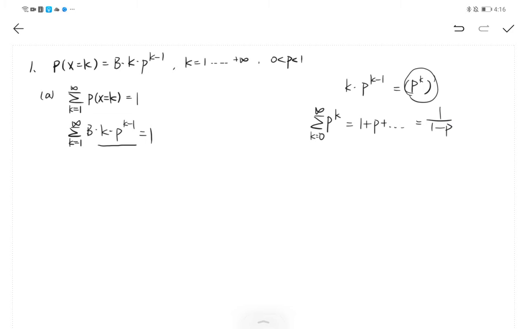We get this, so this form equals b multiplied by the derivative of this series, which equals 1.